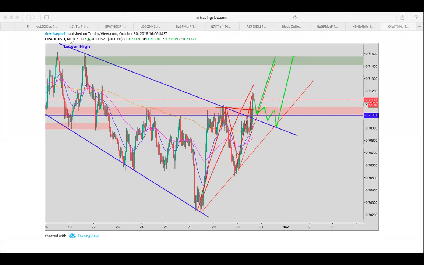Now, because it was on such a micro scale, I didn't know how much higher it would go for us to take that sell. So I wasn't really interested in the sell. I was more interested in the buy at this point. The buy is more juicy because this very well contained structure just got broken to the upside.